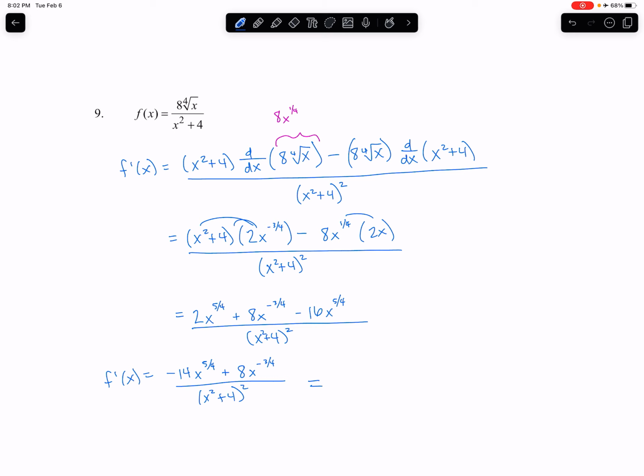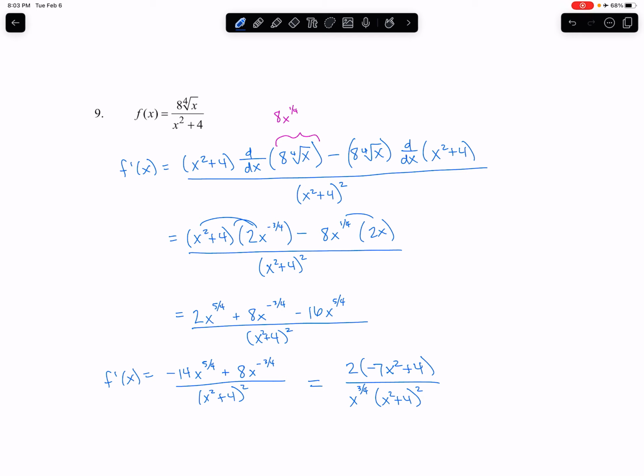But we can also simplify it to be, if we take out that negative 3/4 exponent, we'll be left with 2 times -7x squared plus 4 over x to the 3/4, because putting that exponent in the denominator will make it positive, and we'll still have x squared plus 4 squared.